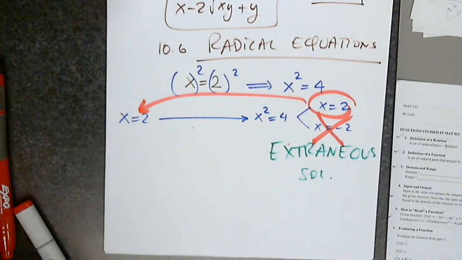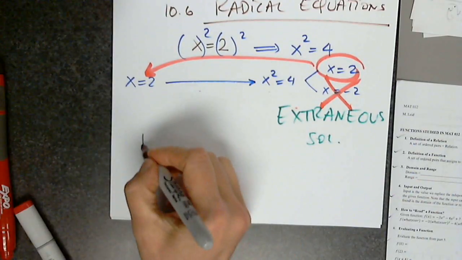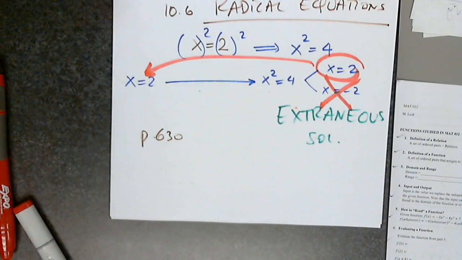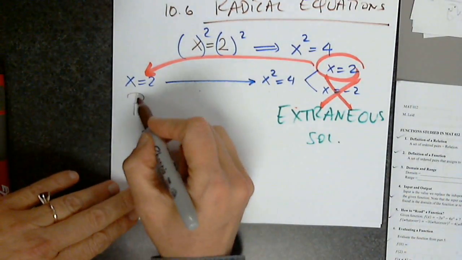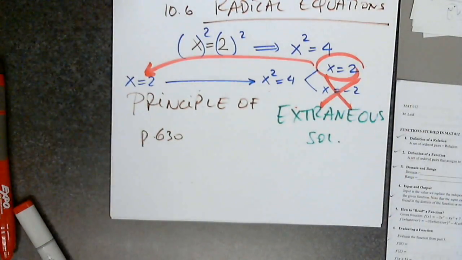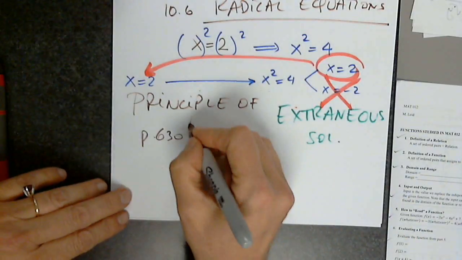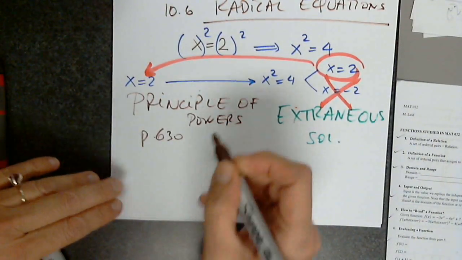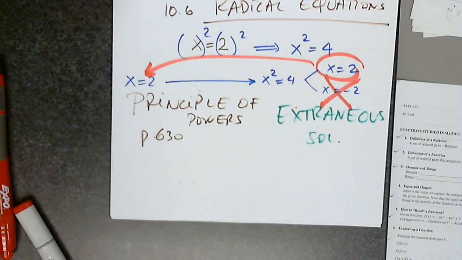So I do have a few more minutes. Let me show you an example. On page 630, and this is called the principle of powers. I'm raising both sides to a power. Principle of powers.